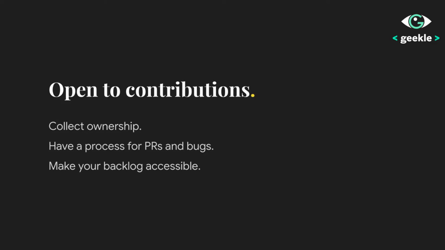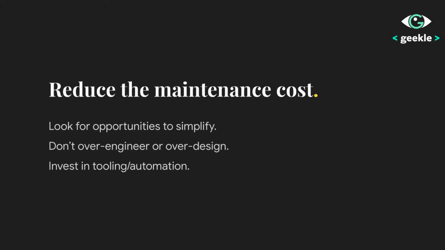So be open to contributions, open those PRs so that anybody can open them and stuff like that. Collect ownership, have a process for PRs and bugs, and make your backlog accessible. If you have a project management tool where you are maintaining this design system as a project, you should also make your backlog public so that people can see what sort of things you have planned, what is already there, how you planned that, and if they can help in and contribute to those specific stories.